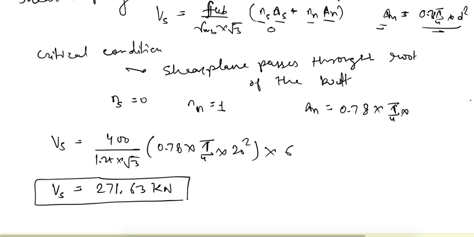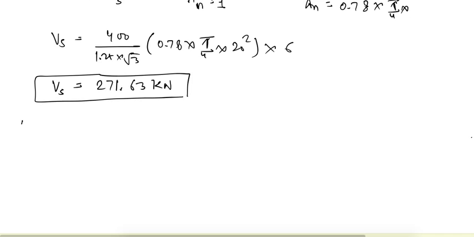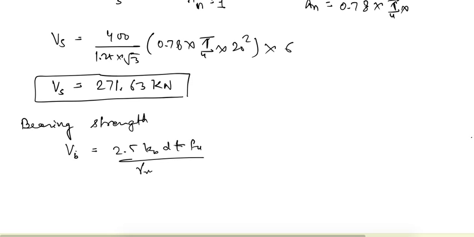Now after that, let's see the bearing capacity or the bearing strength. If we denote it with Vb, then it is given as 2.5 kb d t fu by gamma mb.